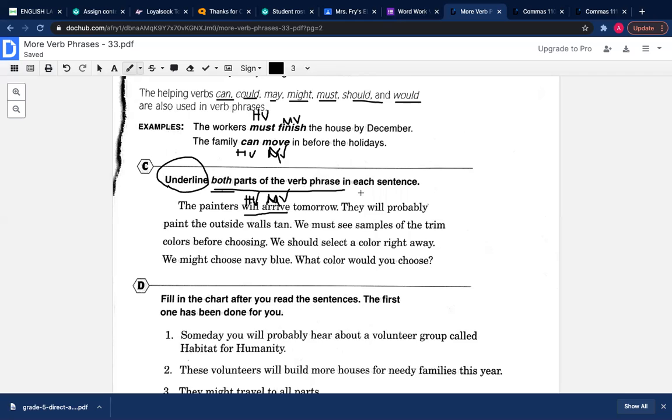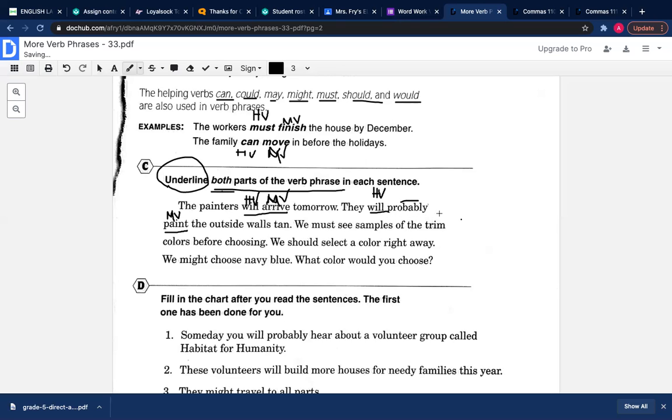What are they going to do? Well, they're going to paint. That's our main verb. Our helping verb here is will. So even though the word probably is between them, our helping verb is still will, and our main verb is still paint. They will paint. Probably is just interrupting that verb phrase.